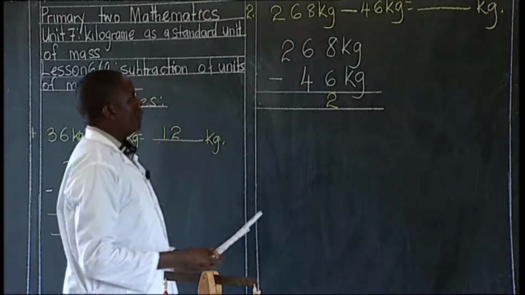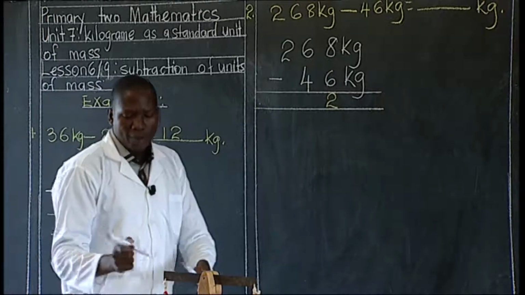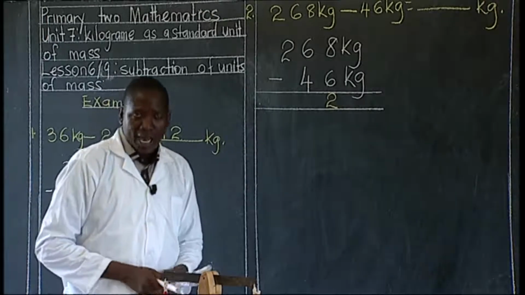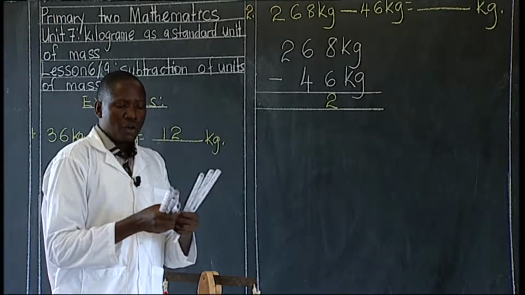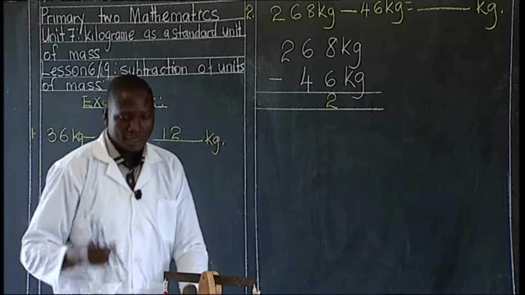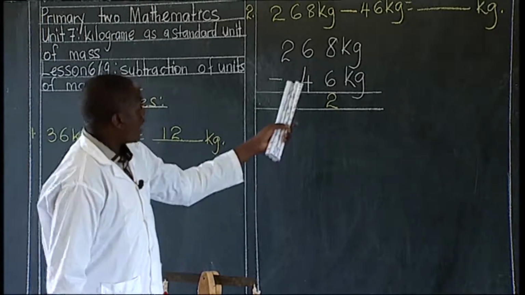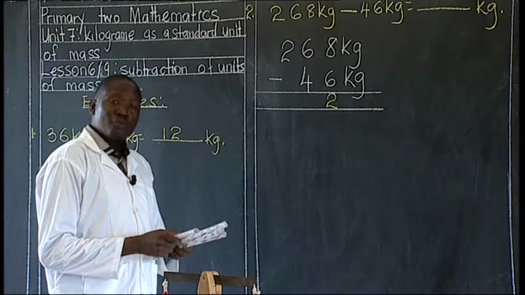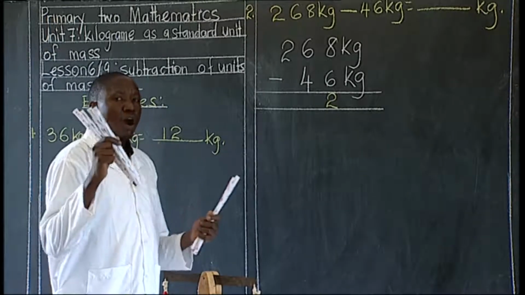Come here also. 6, take away 4. Quickly, we are again going to count 6 counters. 1, 2, 3, 4, 5, 6. This is 6. Out of the 6, take away 4. We are subtracting 1, 2, 3, 4.